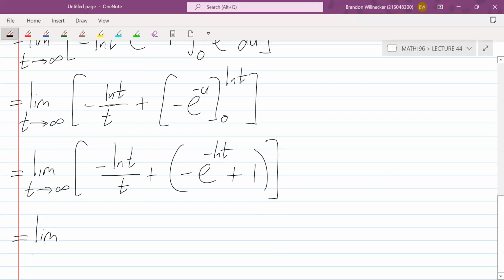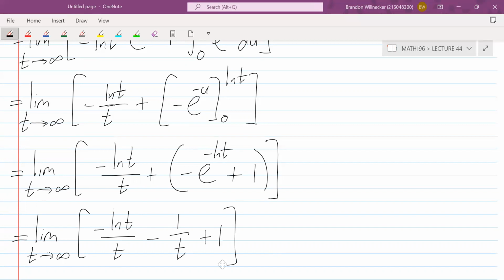Okay, so what do we get? We're going to get the limit as t goes to infinity of minus the natural log of t over t, then minus 1 over t plus 1. Now, what happens when we take the limit as t goes to infinity?